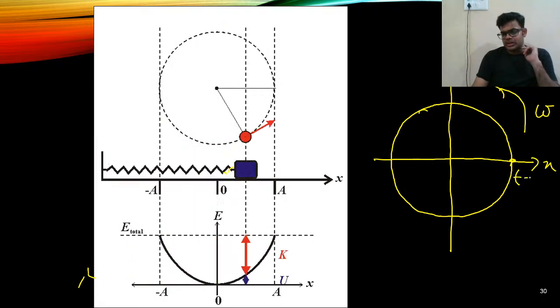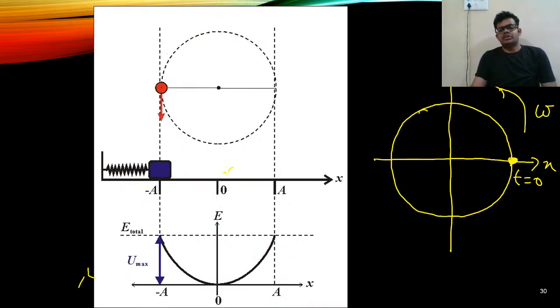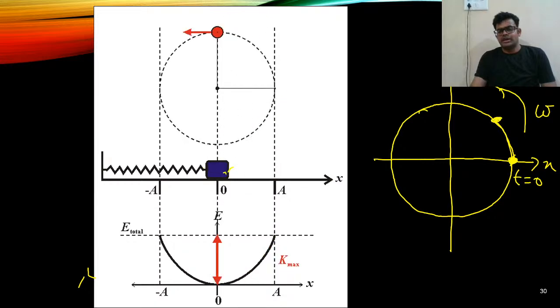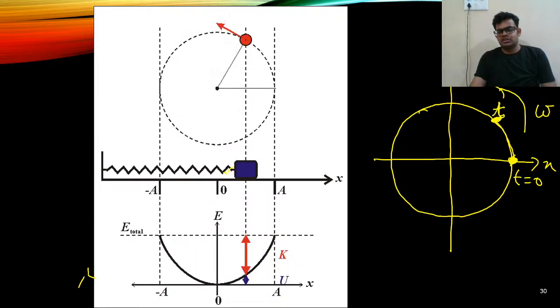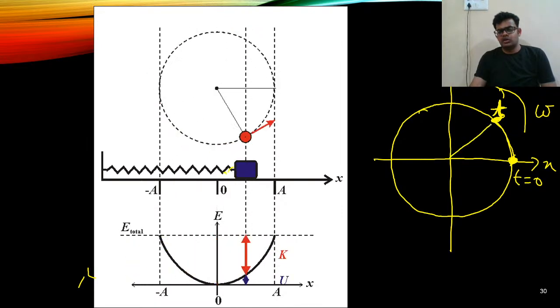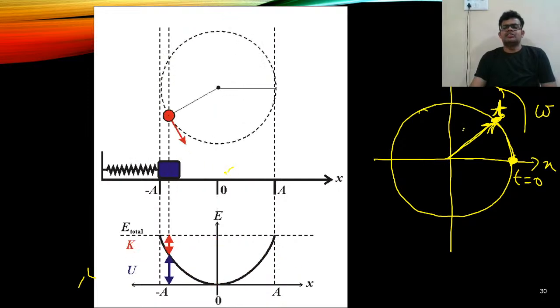Initially particle was here, t is equal to 0, particle was here. At any time t, let's say particle is coming from here to here. So let's say at a time t particle is here. So how I'll draw its position? So this is the position vector of particle. I'll consider the radius of this circle is a.